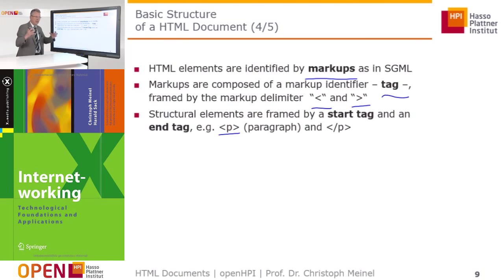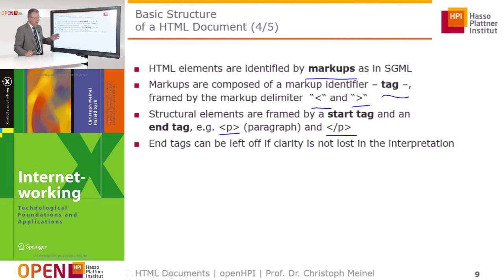It's included in these markup delimiters. It's a P, which stands for paragraph, and this is the end tag of a paragraph. It's the same as the starting tag. The only difference is that it starts with a slash. In HTML, the end tags can be left out if there is no loss in clarity of the interpretation of the document.